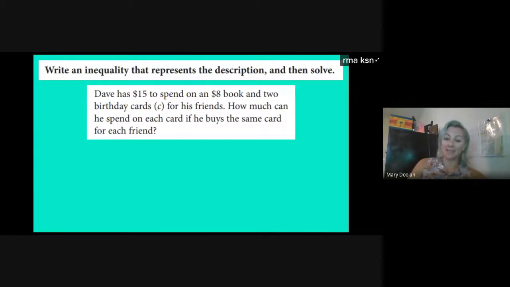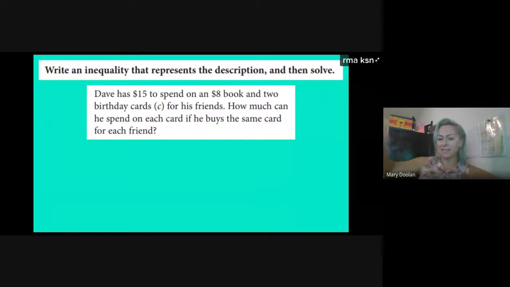So the C is our unknown. The C is representing the cost of a birthday card. And we know he's also having to buy an $8 book. So when you're adding up the total of things, that's addition. We're adding some stuff. And the amount of money that he has is $15.